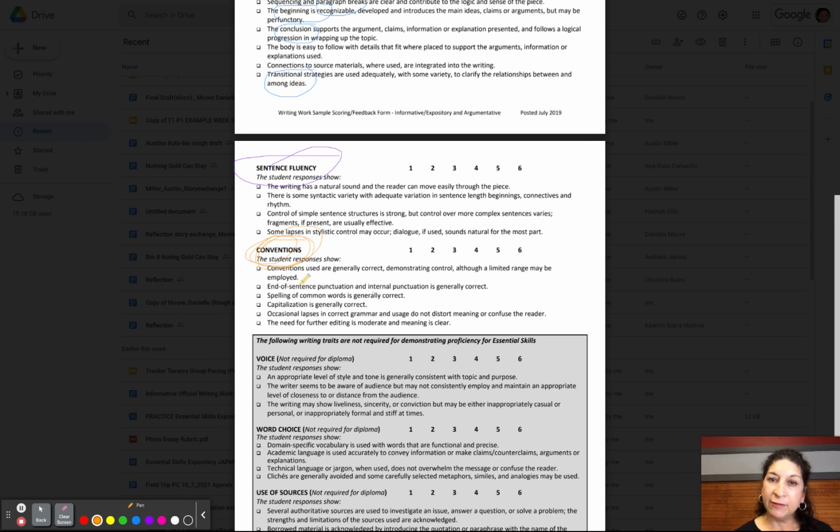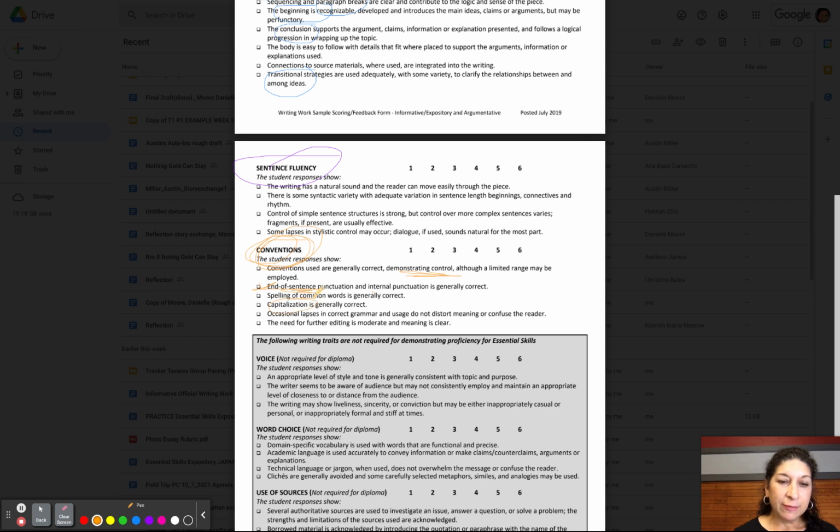So what are the patterns of errors? Do you know how to put periods? End of sections means periods. Are they there? If you asked a question, is it a question mark? Conventions. Do you have control of these complex sentences? In other words, are you using the commas in the right place? Or do you have a bunch of commas, and then you show that as a pattern of errors? We'll fix that.